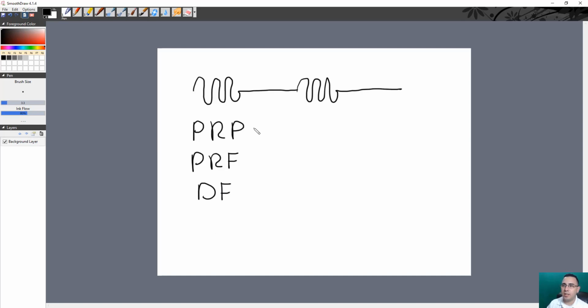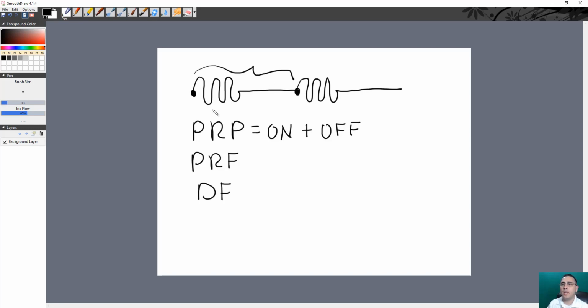The pulse repetition period is basically the on time plus the off time. It will be the time from the beginning of this pulse to the beginning of the next pulse, which is this entire time in here.